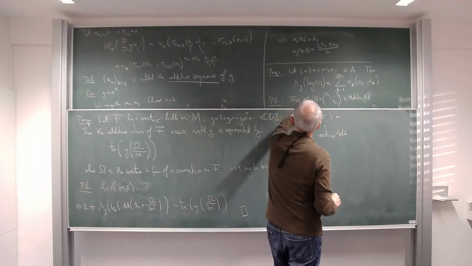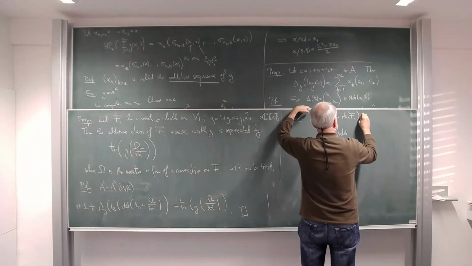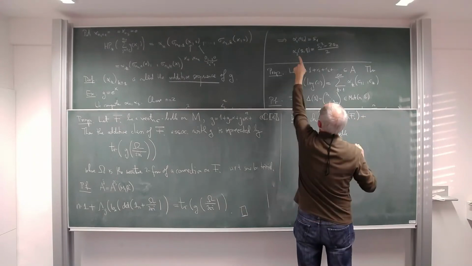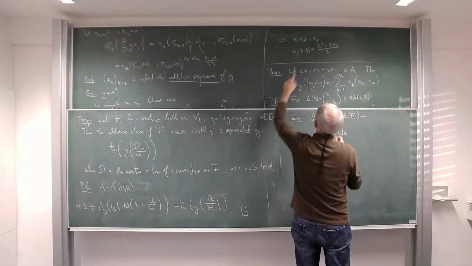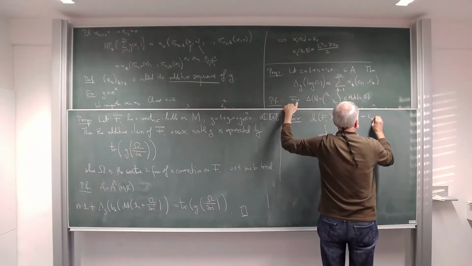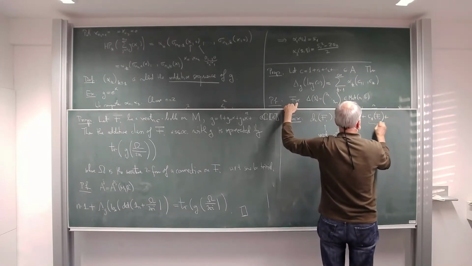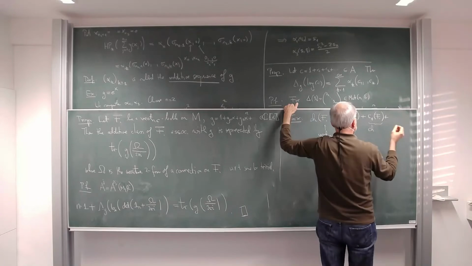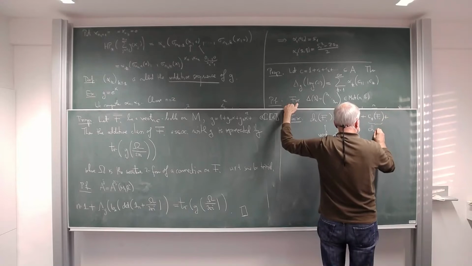starts with the rank of the bundle, so the fiber dimension, as zero order term, plus, then I have to take alpha 1, which is just S1, and in this polynomial, I have to insert the Chern class. So that's c1 of F. It's homological degree 2, the first term that appears.